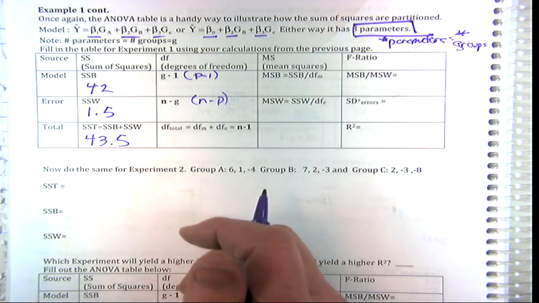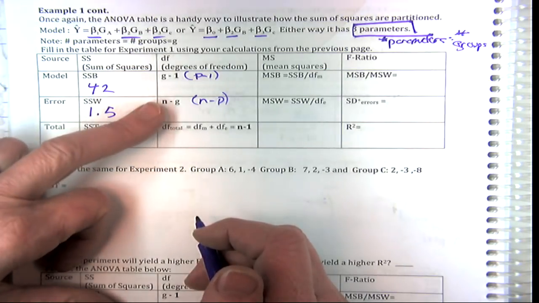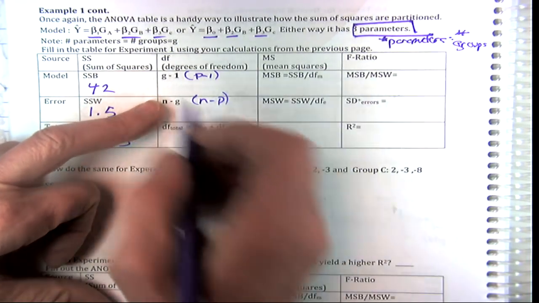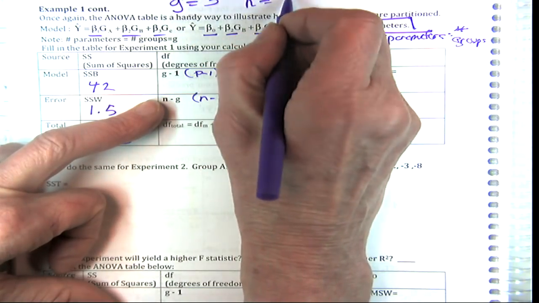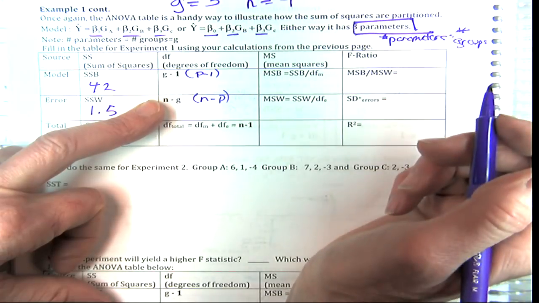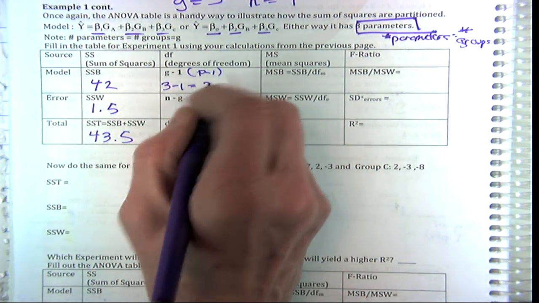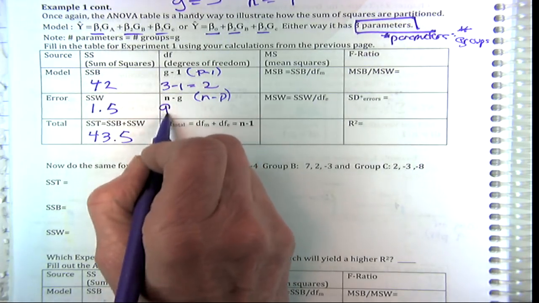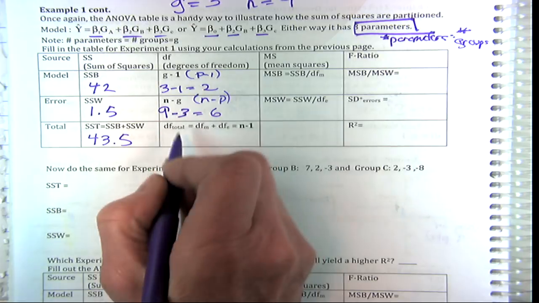Okay, so we have 3 groups. G is equal to 3. N is equal to 9. What else do we need? That's it, right? Okay, so we have 3 minus 1 is equal to 2. N is 9, so N minus 3 equals 6, and this better add up to N minus 1, and it does.